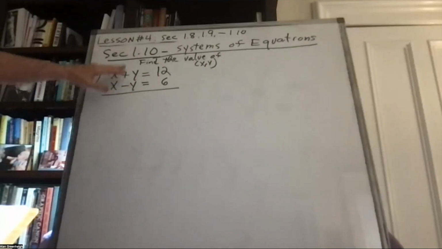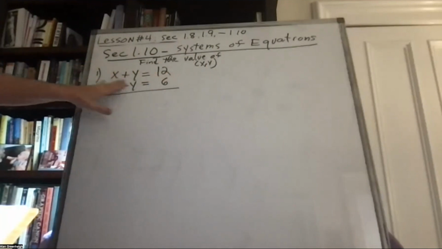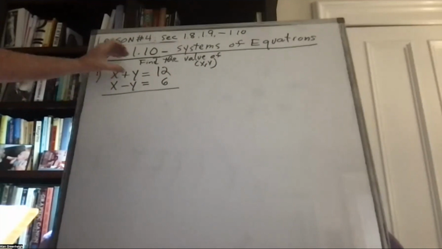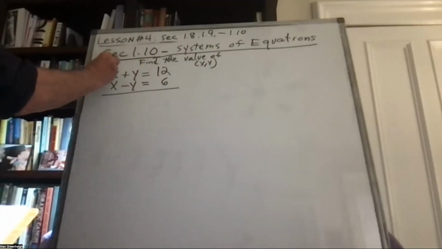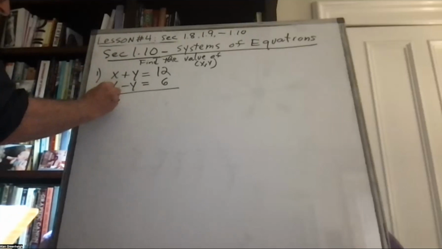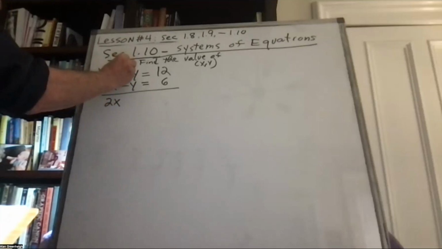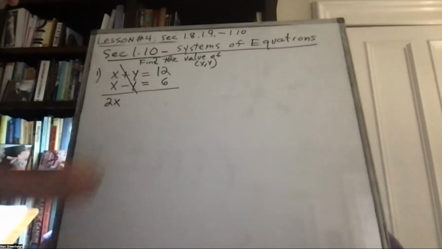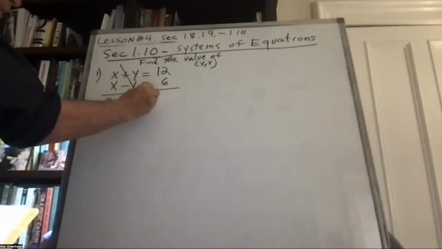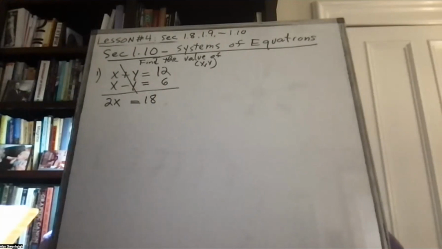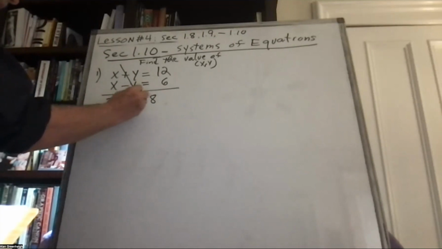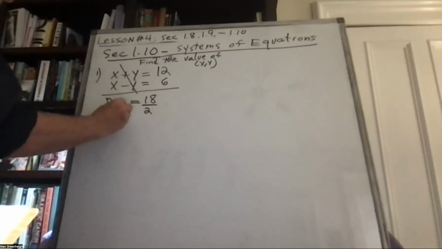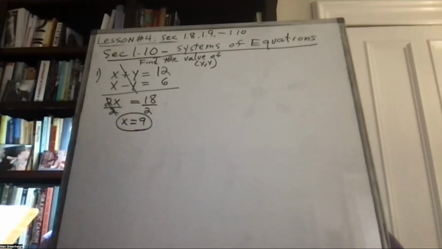And as you can see, if you take these two equations and add them together, x plus x is 2x, positive y and negative y becomes 0, is equal to 18. And then, of course, everything goes very smoothly from that point on. X is equal to 9.